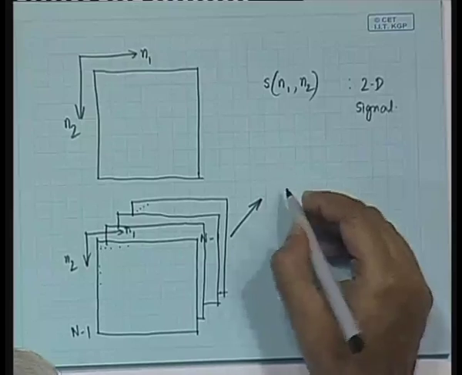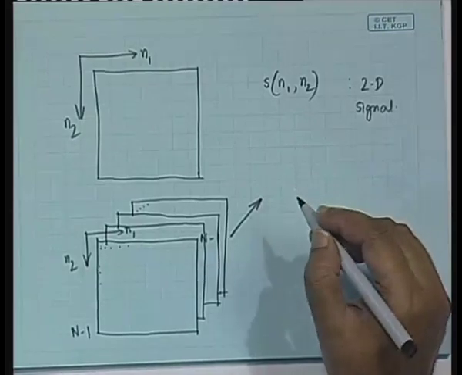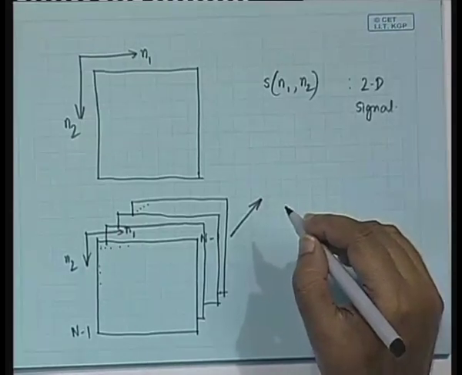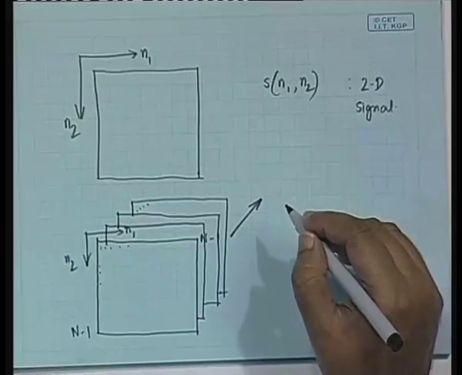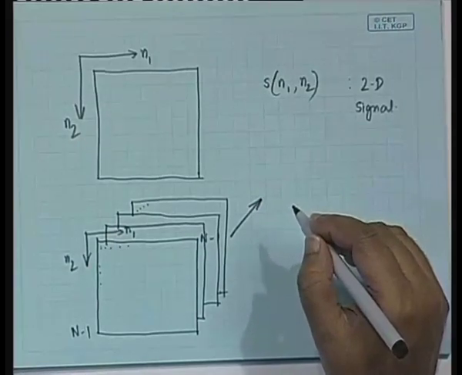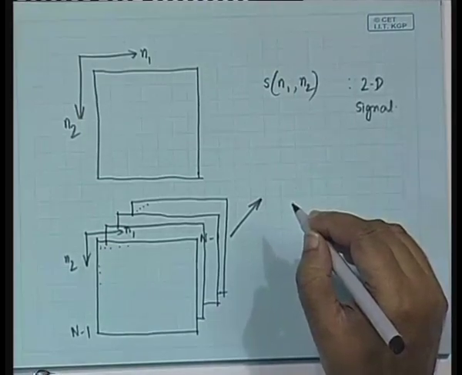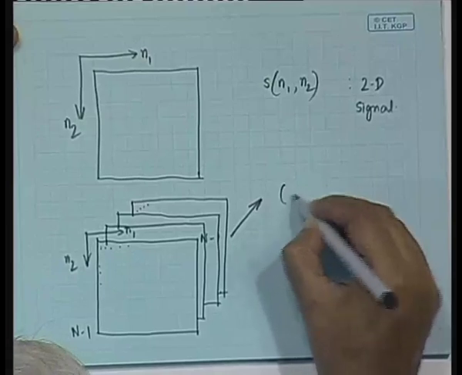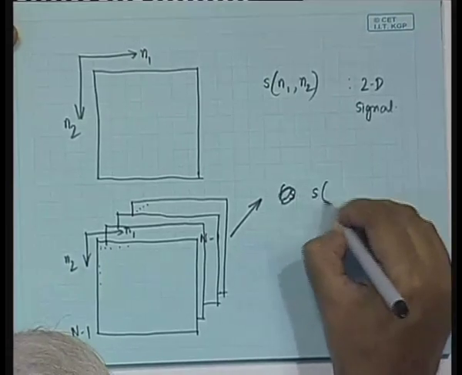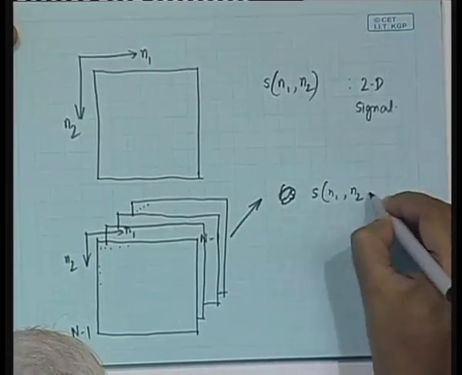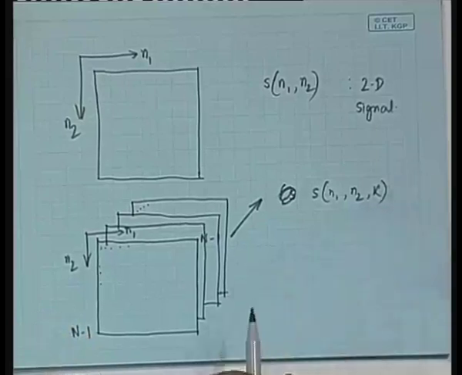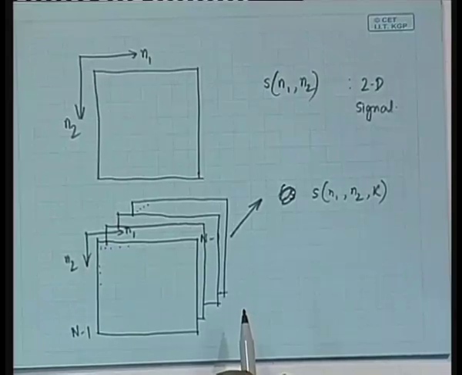In the continuous domain we would call it the variable t, but because it is not continuous, we have to make it discrete. So let us call this S n1 n2 comma k, where k indicates the frame number.